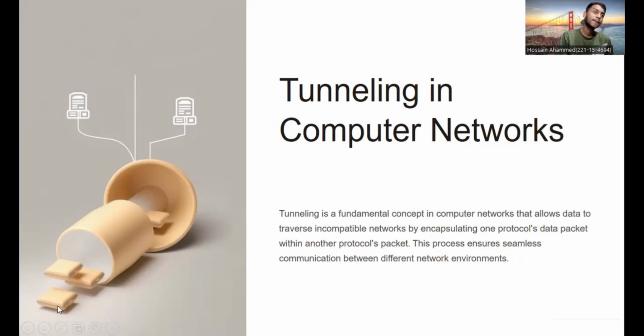That means we can imagine this is the sender and this is the receiver. By using a tunnel, we can send packets from sender to receiver.